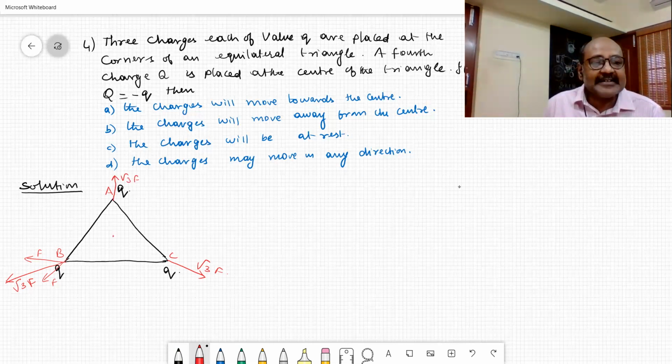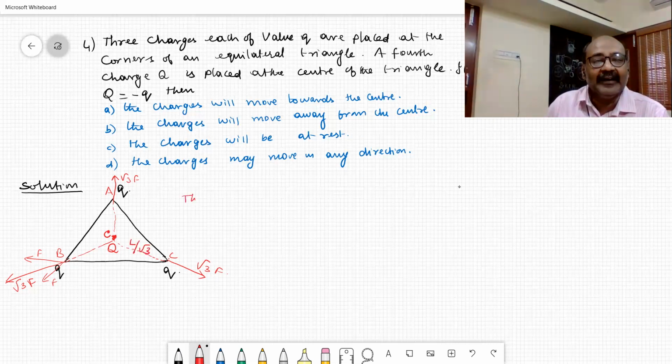So when you are considering the center, then it is the centroid of the triangle. Centroid of the triangle is like this. From any one of the corners to the centroid, let us consider that centroid point as C. Here I am having another charge as capital Q. If that is the case, the distance of the centroid from any one of the corners is given by L divided by root 3.